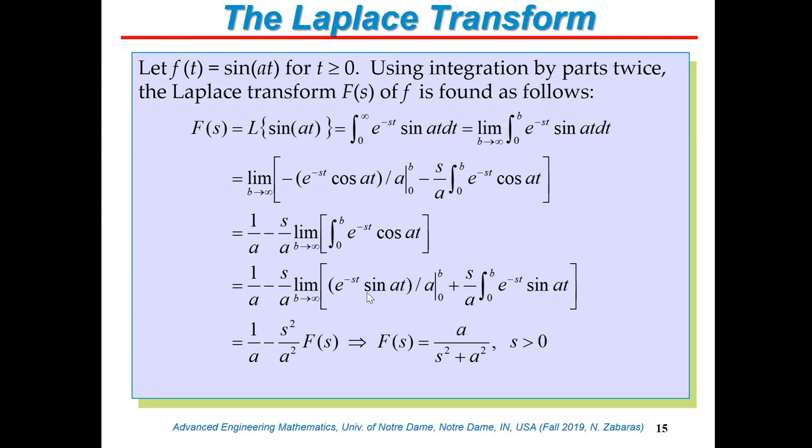And of course, for t equal to 0, the value of sine of at will be equal to 0. So effectively what you get is 1 over a minus s squared over a squared times the Laplace transform that you want to compute. So if you put f of s on the other side, you do compute this important result that the Laplace transform of sine of at is a divided by s squared plus a squared.